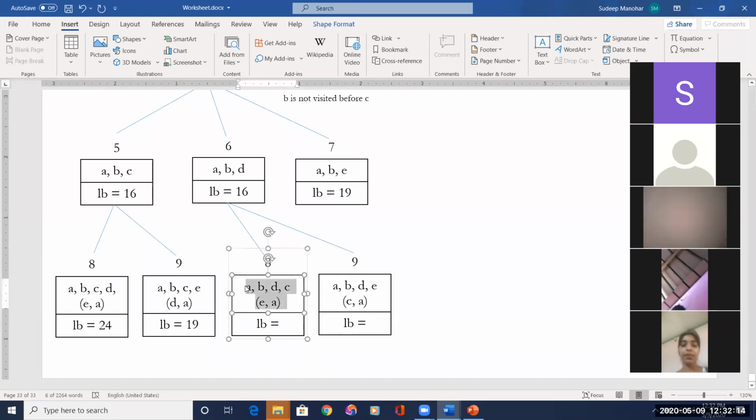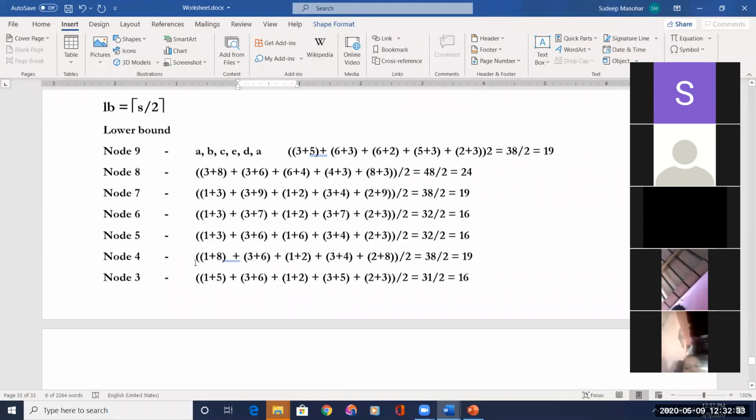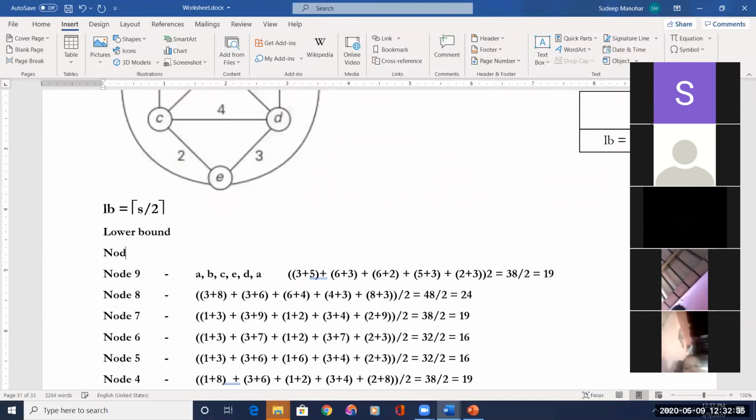So write this. Consider this path. This node is 10, and this is 11. I'll consider this path for node number 10. Node 10.